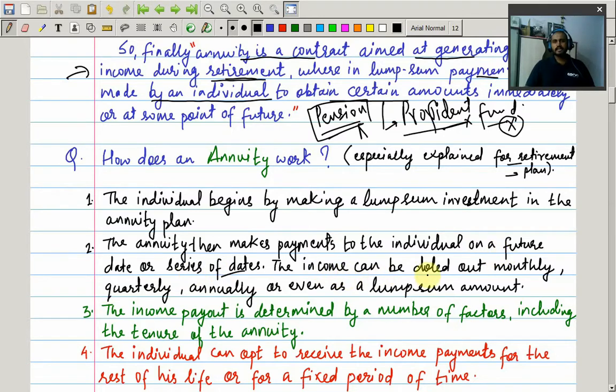The income can be doled out monthly, quarterly, annually, or even as a lump sum amount. If you want, you can take all the money after some period, or you can take it installment-wise, quarterly, annually. Third point says that the income payout is determined by a number of factors, including the tenure of the annuity.